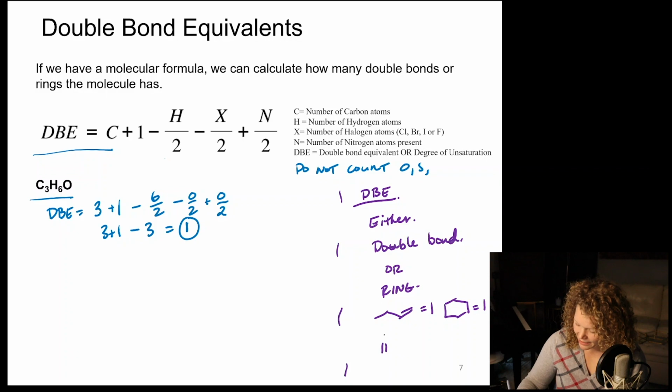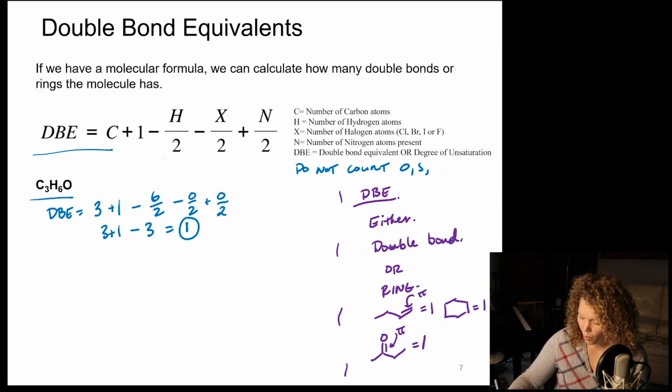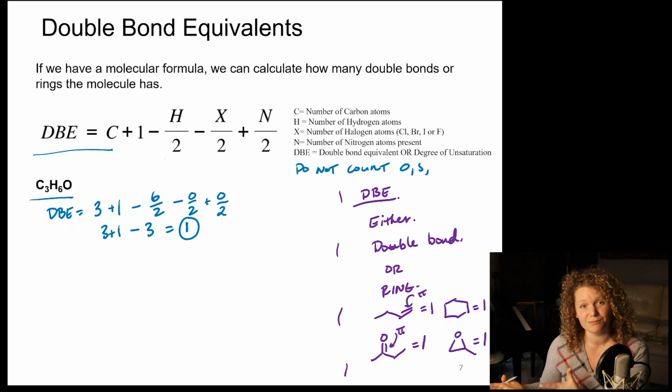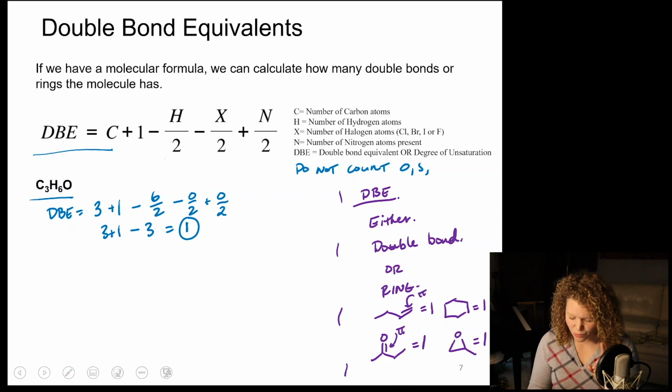What if we had a carbonyl? This would have a DBE of 1. There is one pi bond. So we're just really looking at how many pi bonds or how many rings. This epoxide would have a DBE of 1. It has a ring.